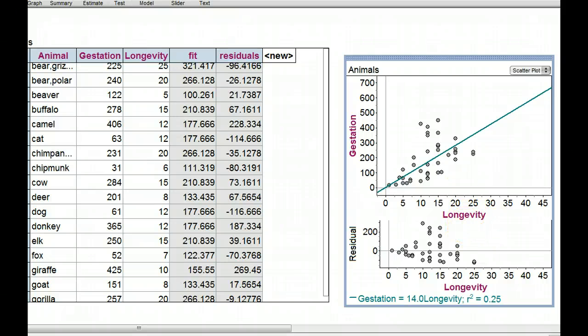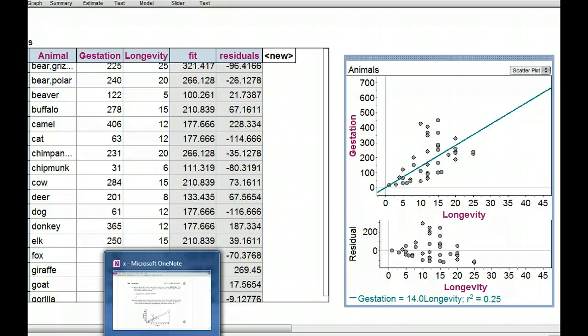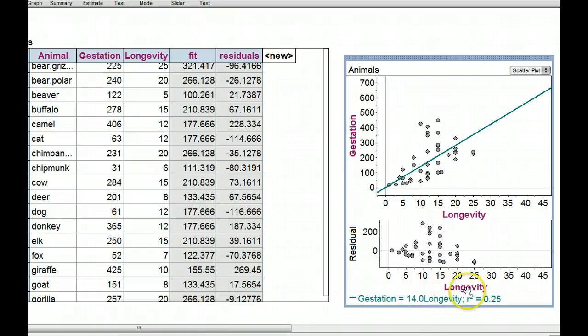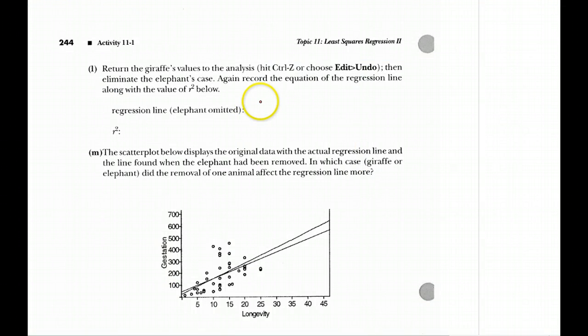Okay, so I've got 14.0 times longevity, and R squared is 0.25, which is much lower. So the regression line was 14.0 times the longevity, and the R squared was 0.25. So that's only a 25% match.